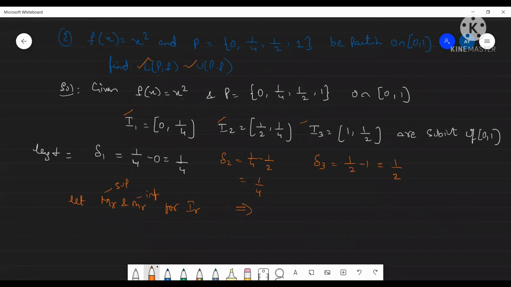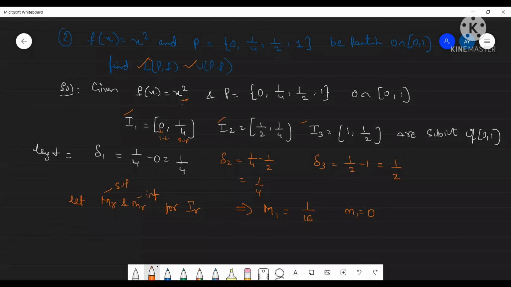So here capital M1 will be equal to 1 by 16 and small m1 will be equal to 0. That is, you have to put these values. I1 is 0 to 1 by 4. 0 is the infimum and 1 by 4 is the supremum. If you put it in the function x square, 1 by 4 gives 1 by 16, and 0 square is 0.